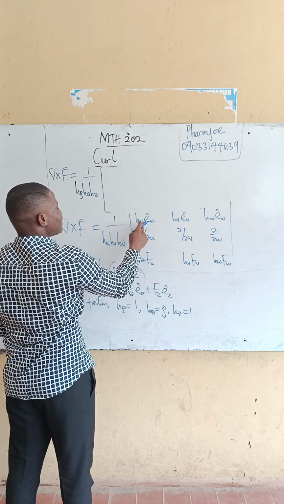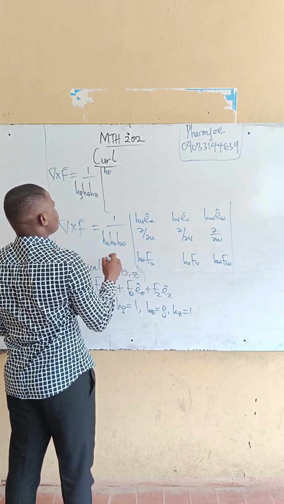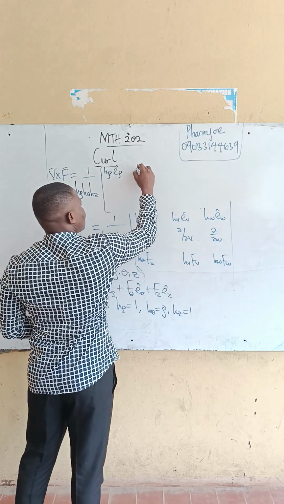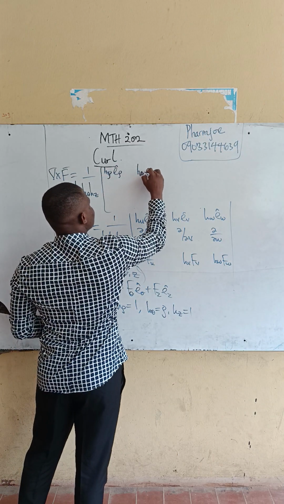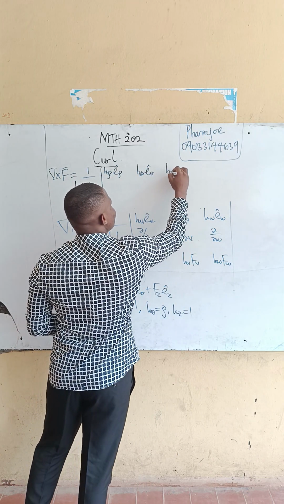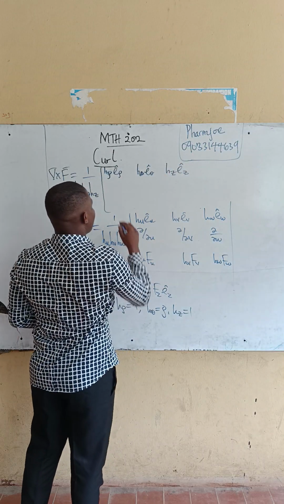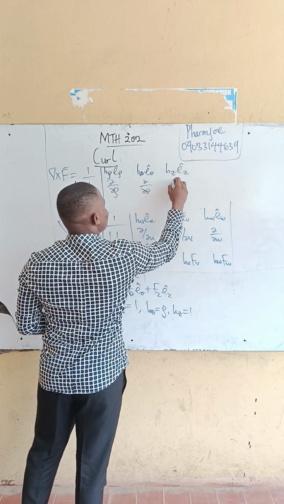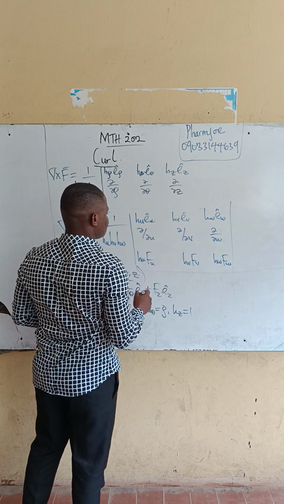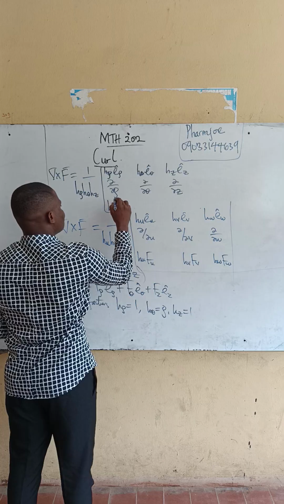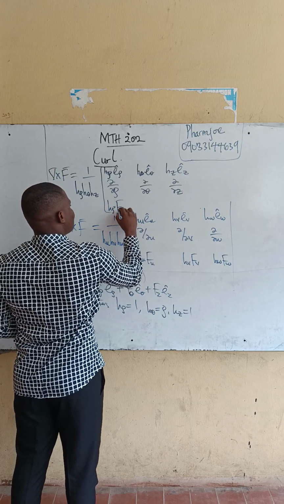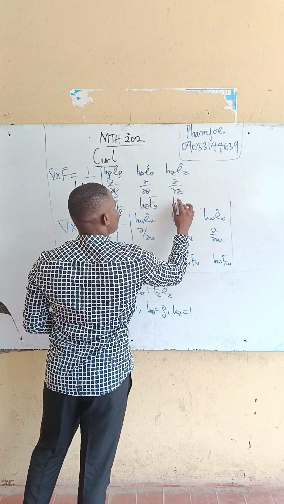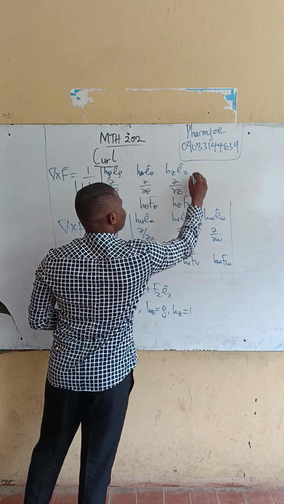Then instead of hu, I have what? h rho, e rho, h theta, e theta, and hz, ez. Also, I have partial rho, partial theta, partial z. And finally, I have h rho, f rho, h theta, f theta, hz, fz.